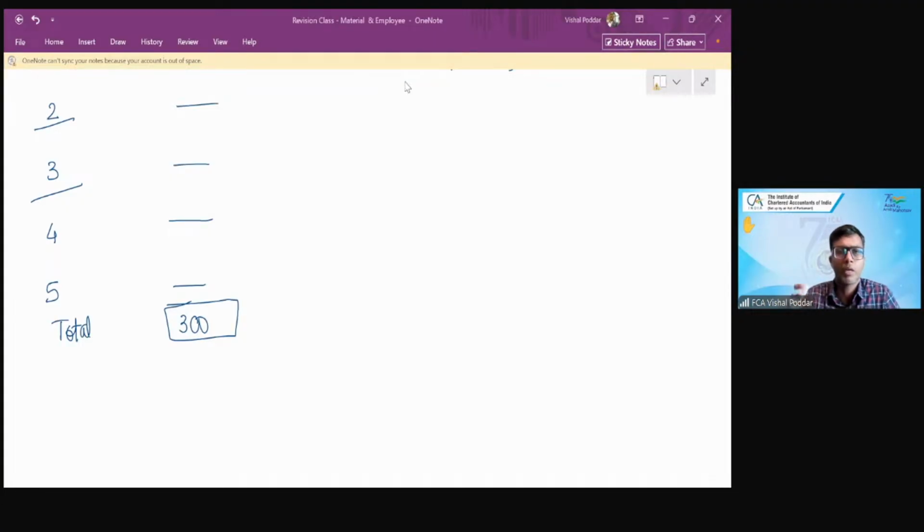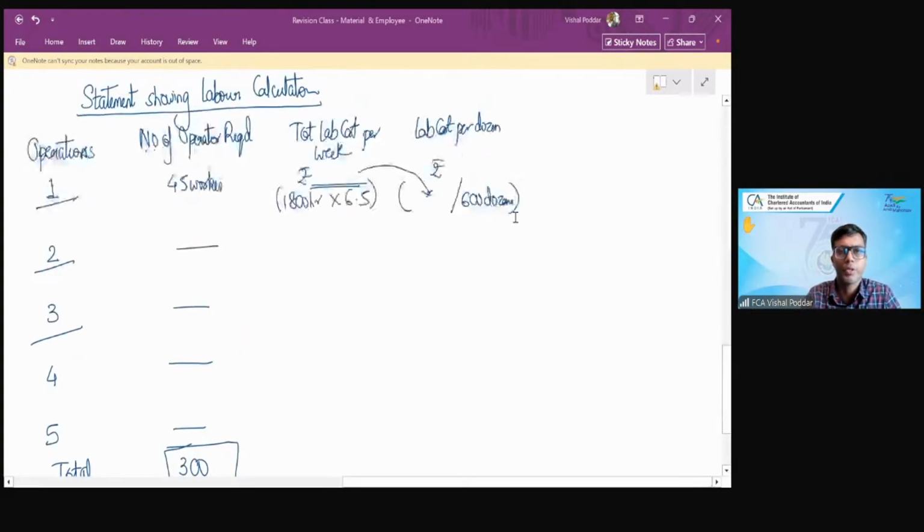So 11,700 is the labor cost here. And then again, Ishan, you have given me 19.5. So I suppose it is your labor cost per dozen. Okay, super. Perfect. Tejashri has confirmed this.